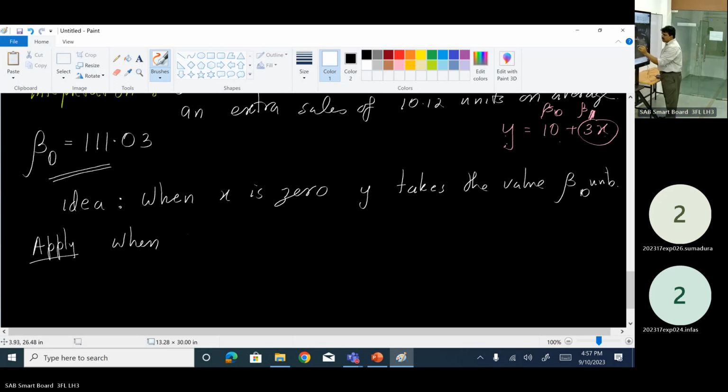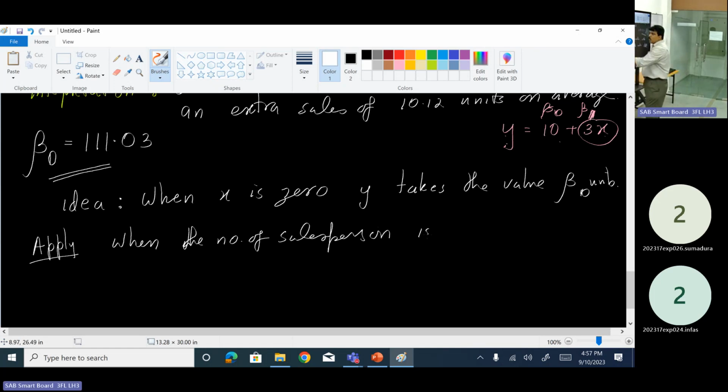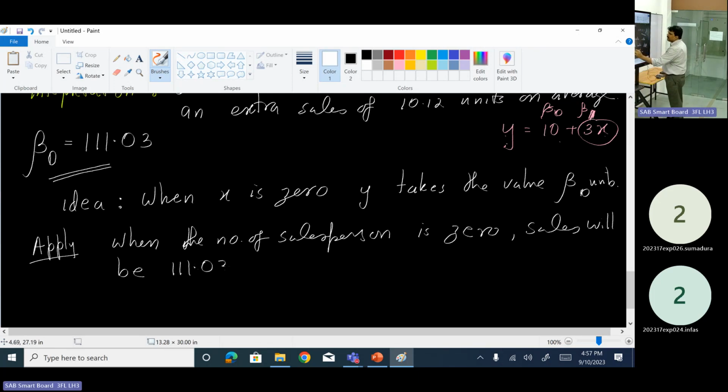When the number of salesperson is 0, sales will be 111.03 units.